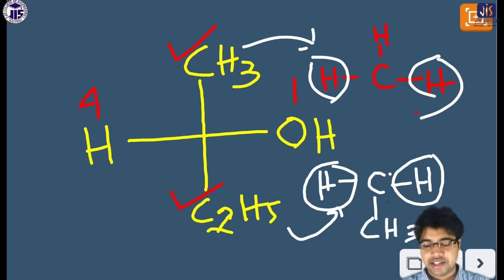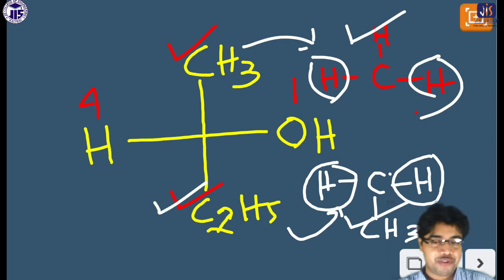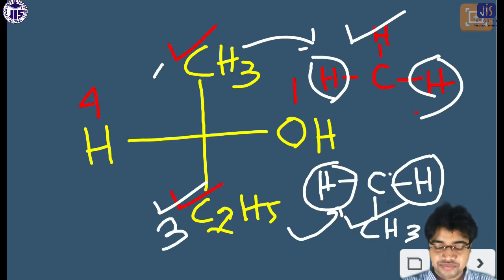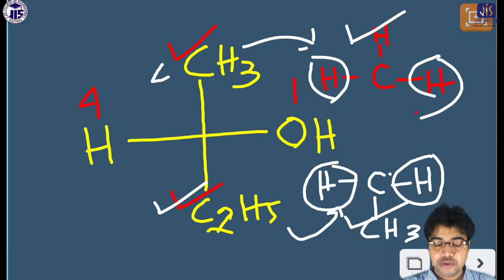But in the third case, here there is hydrogen attached, and in C2H5 there is carbon attached. So obviously here we can differentiate. Carbon has the higher atomic number than hydrogen, so we can give this one 3 and this one 2, because after 1, between these two, one will be 2 and one will be 3.